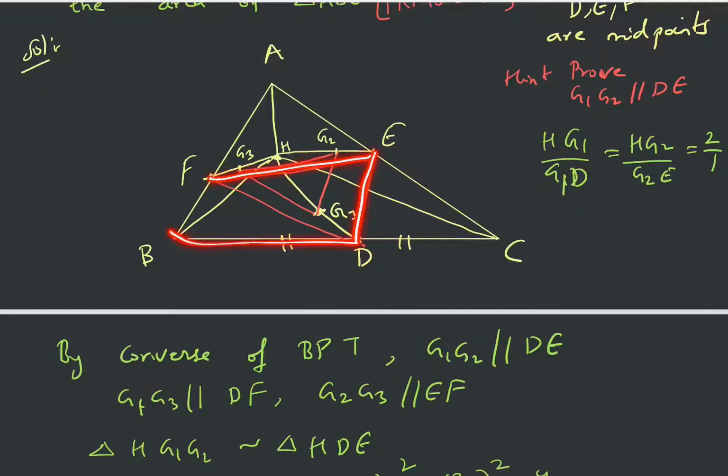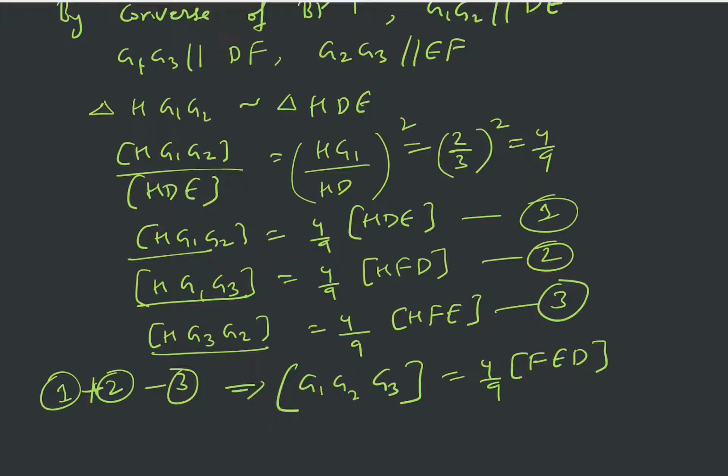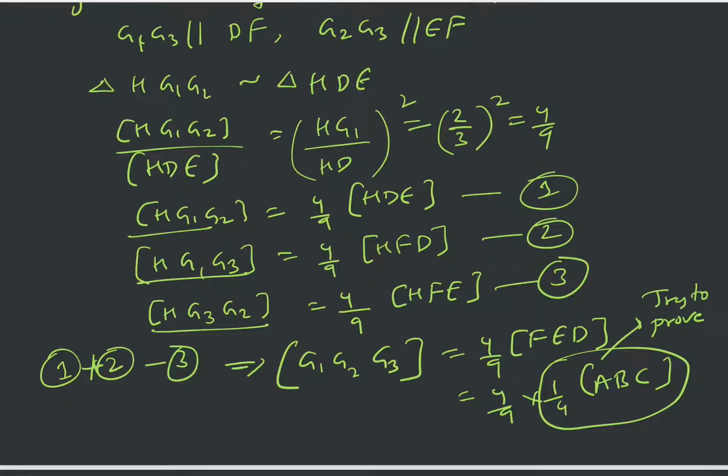It is pretty simple. This is a parallelogram, this is a parallelogram. This we have already proved. So simply you can say that the area of FED is 1/4 the area of triangle ABC. If you don't know this, try to prove it. It is very simple. Then this 4 and 4 get cancelled. So the area of triangle ABC is 9 times the area of triangle G1G2G3, which is 9 times 7, it is 63.